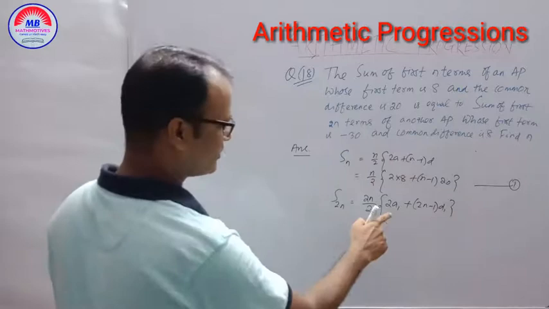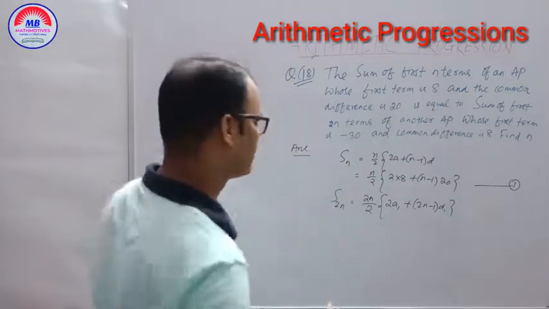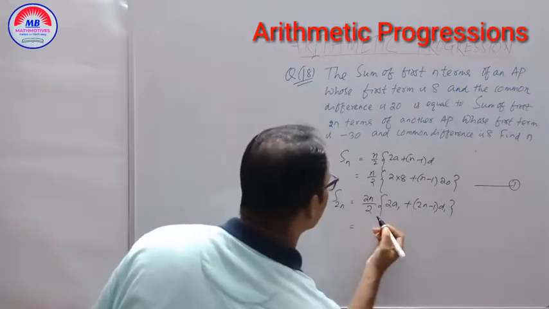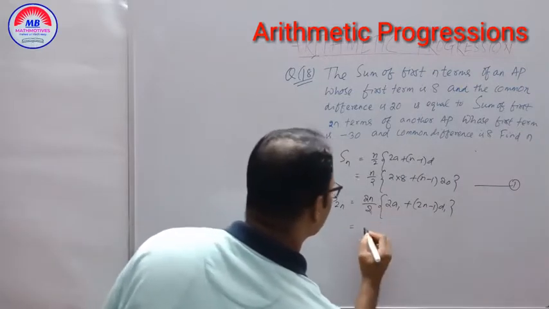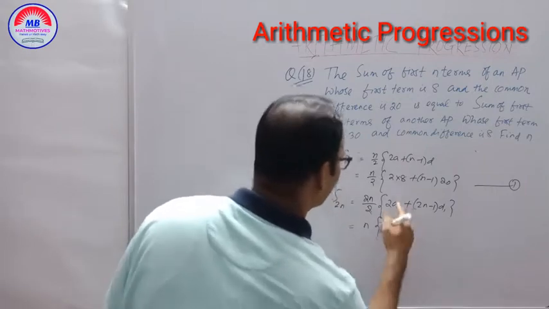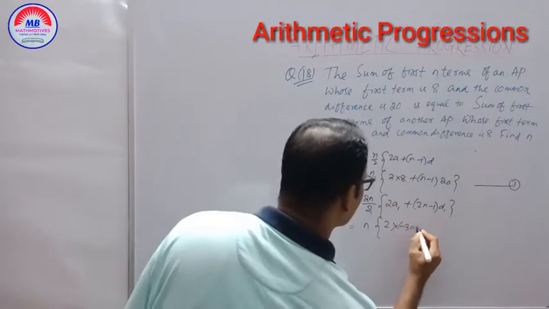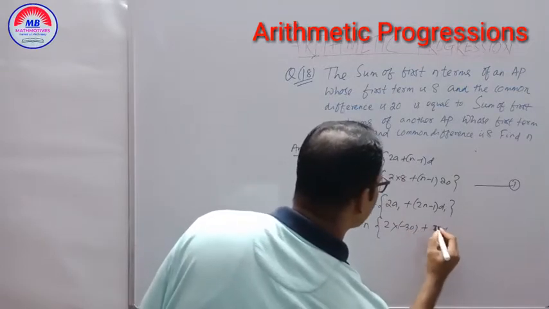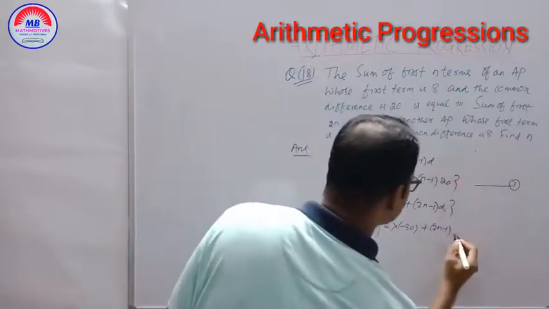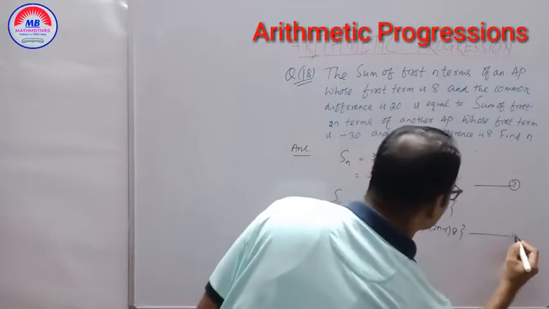So n into 2 into minus 30 plus 2n minus 1 into 8. It is equation 2.